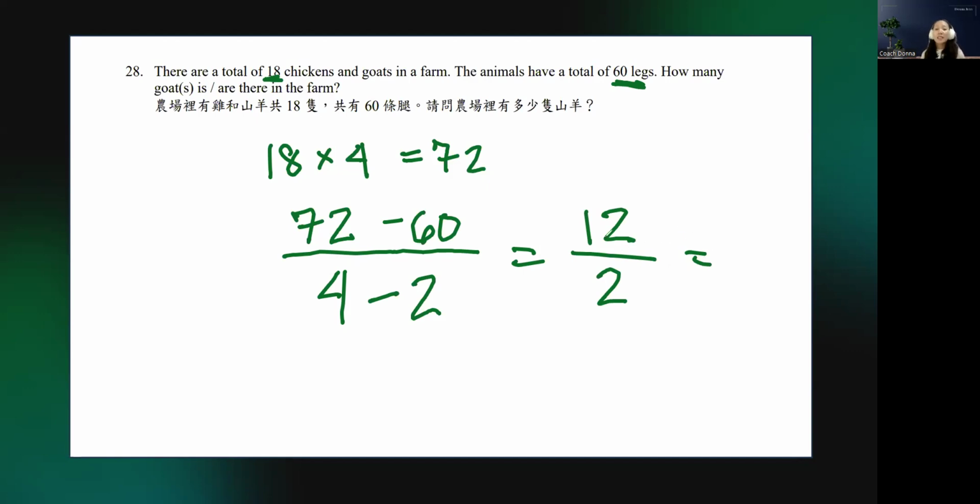So the excess legs is 12, divided by 2, because the chicken only has 2 legs, or divided by the difference of the goat and the chicken's legs, that would be 12 divided by 2 is 6. Oh, we haven't subtracted it yet. 60 minus 18.